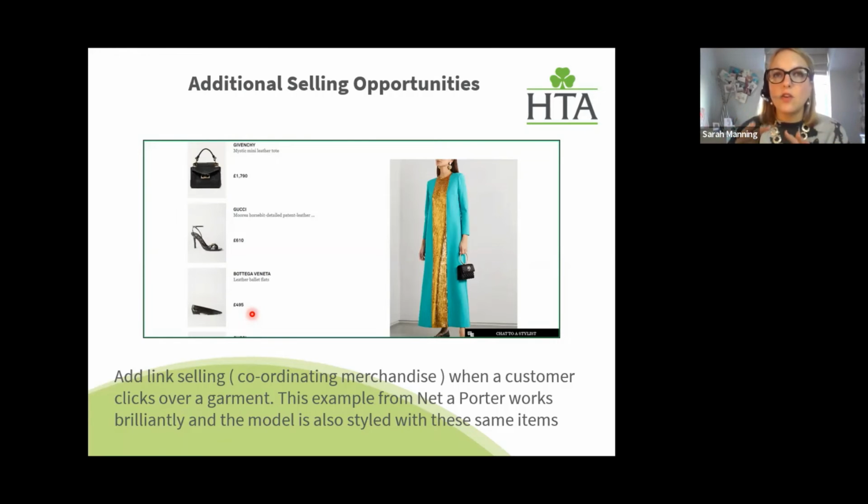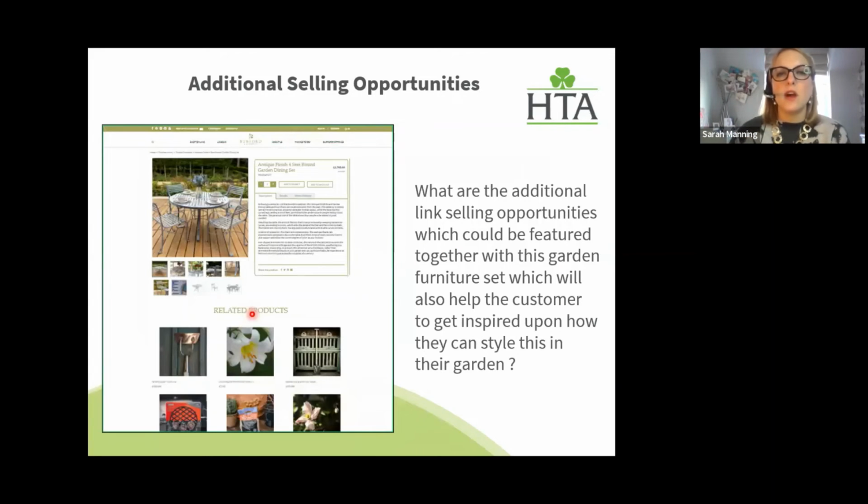And I think often you'll find, because that's on the same line level of the eye, you tend to look at it more. Whereas here, this is an example where a brand has placed their related or coordinated product underneath.